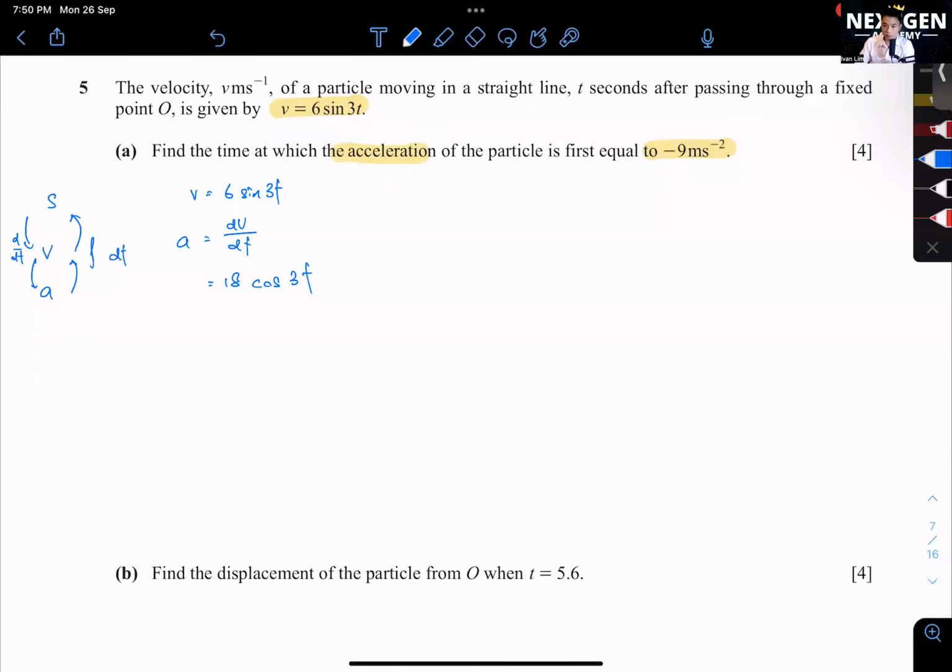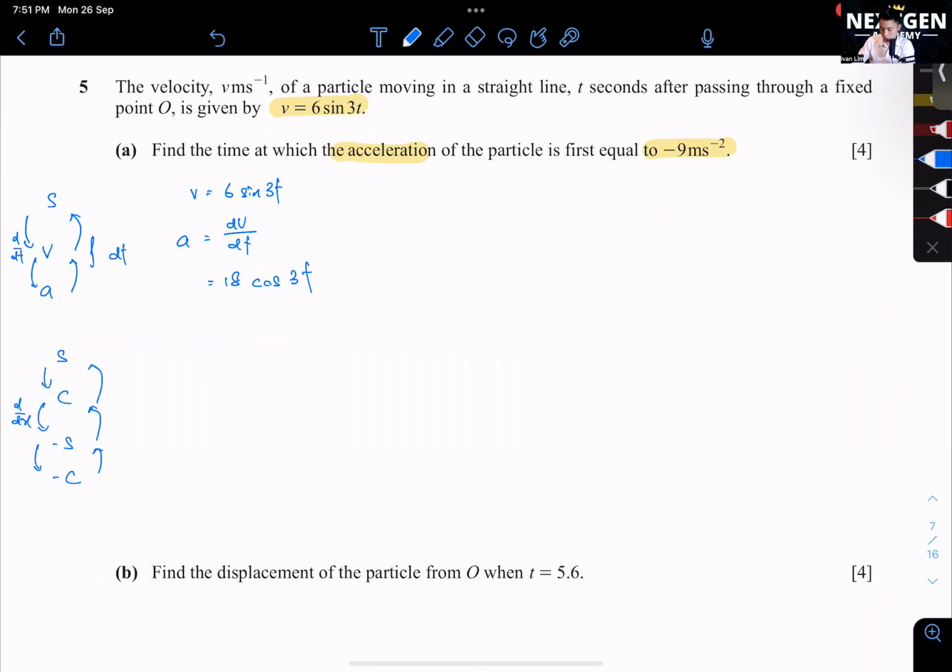The other one that I teach you all is S, C, negative S, negative C. You go down, this is your dy over dx. Then you go up, this is your integration. Then we'll get a equals -9.